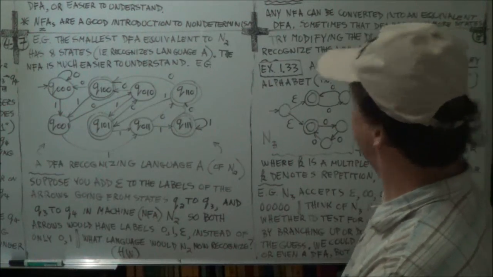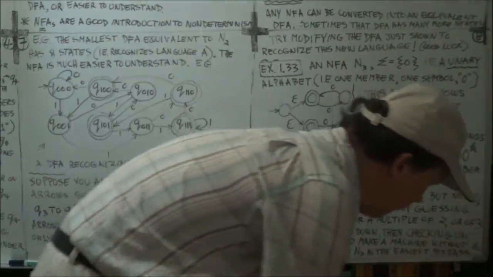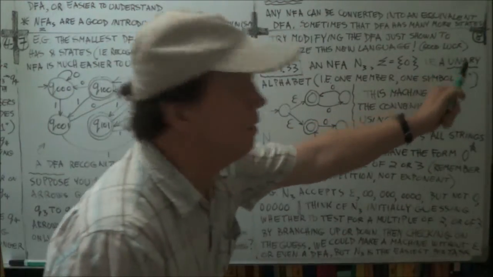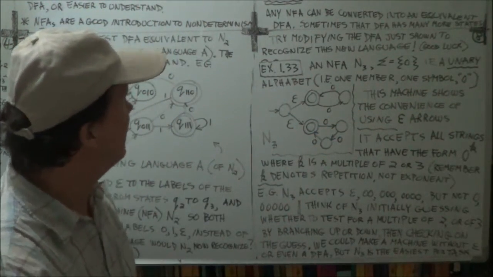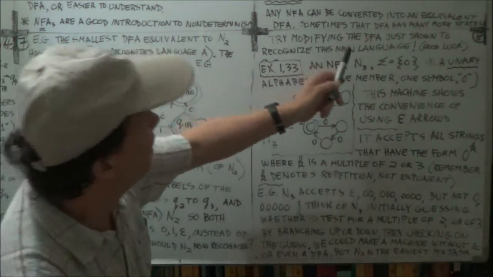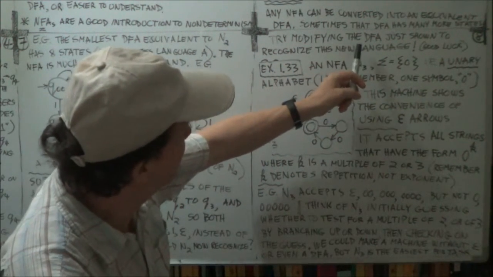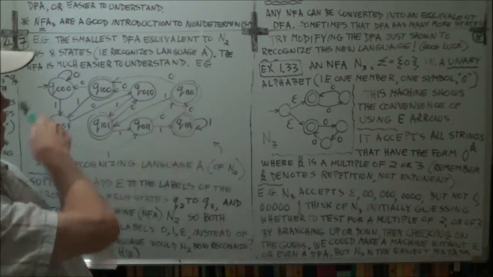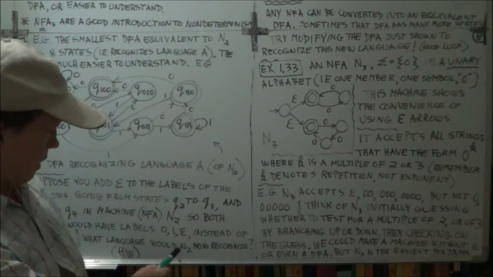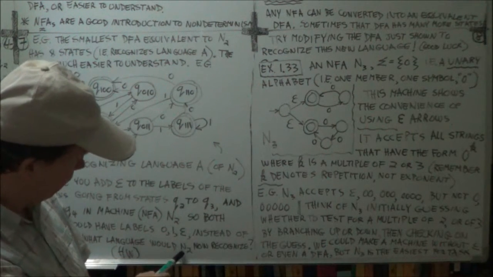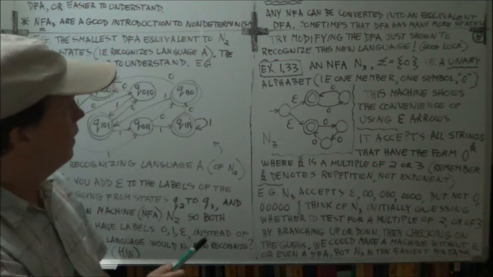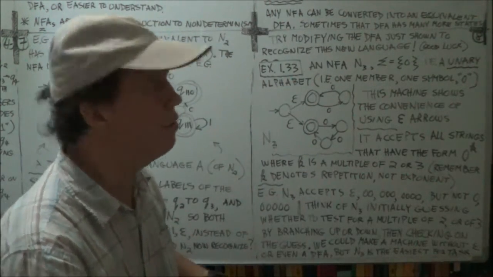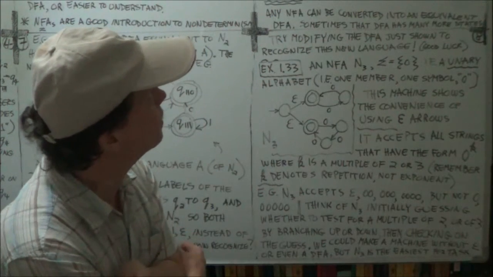All right, and I put here good luck. So try now modifying the DFA, in other words, this one. That's the equivalent of this modified N2, right? Now the modified N2 will have 4 states.